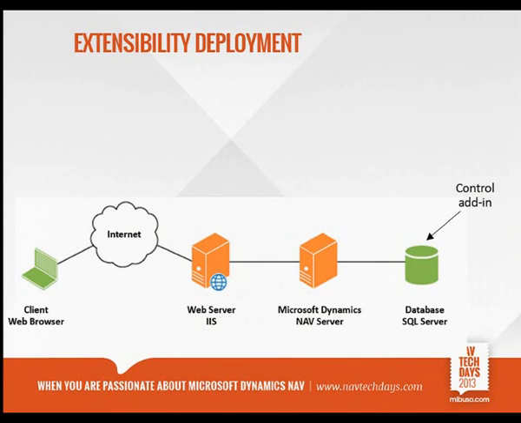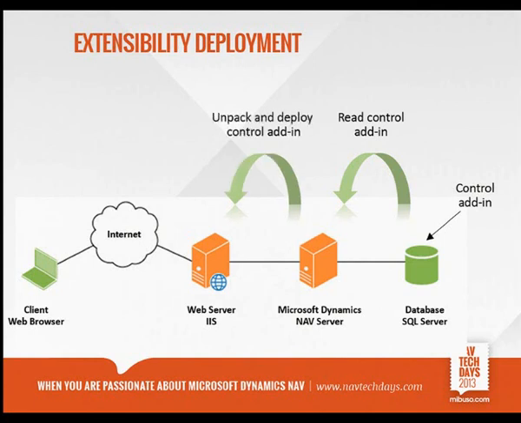So all your images, the style sheets, the scripts, they will get stored on your web server, and they will get downloaded on the browser per request. So if you have 100 images in your add-in, they will also be stored on the server, but on the browser you'll get only one at a time. I mean, basically per request, right?